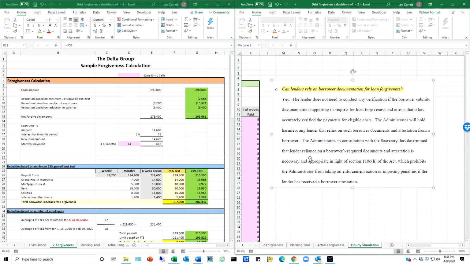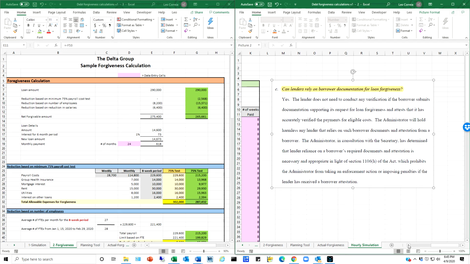and that documentation will be held available for the SBA. And now if the SBA seems to think that there might be something worth investigating, they obviously have the right to come in and audit and look at some of this documentation, which is why they're having the lender gather it, so they have a starting point as to what was attested to by the borrower. But at least now they'll have a starting point, and if they choose to audit, they can do so.